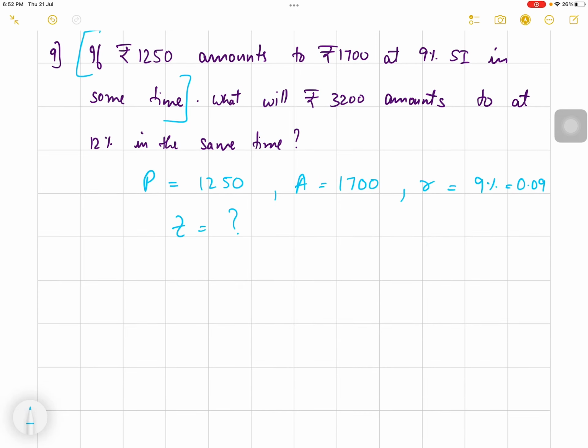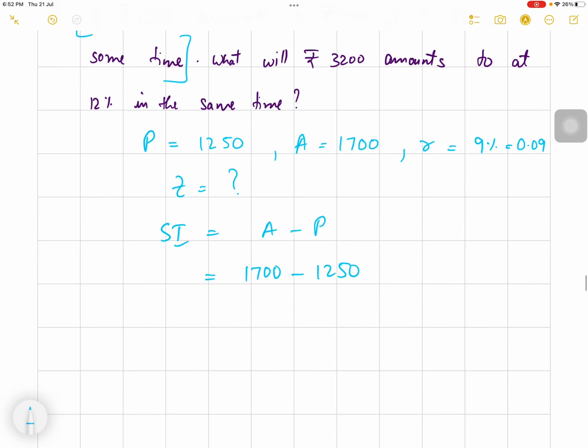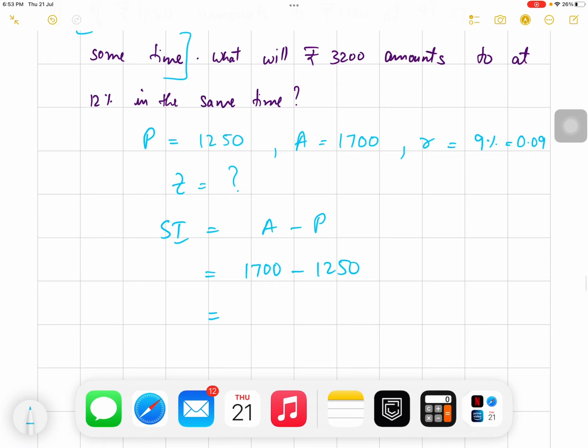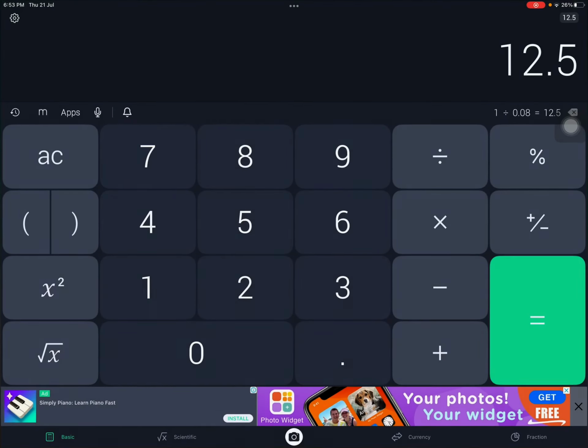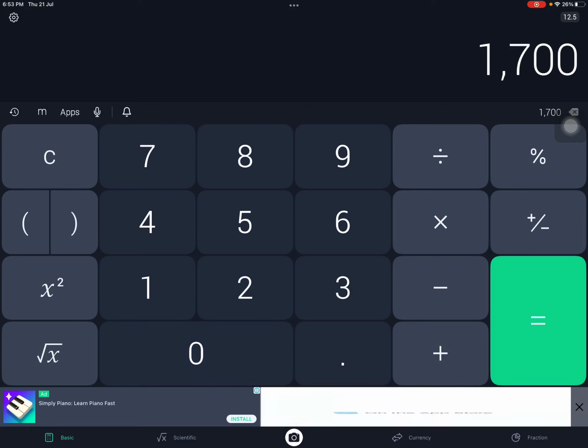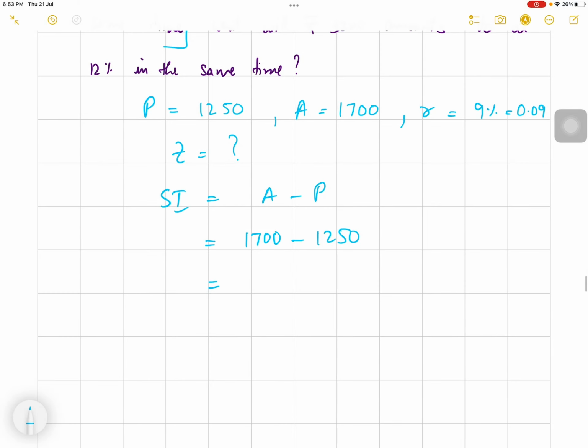So we know simple interest is equal to A minus P. So 1700 minus 1250, which is 450. Okay. So simple interest is 450.